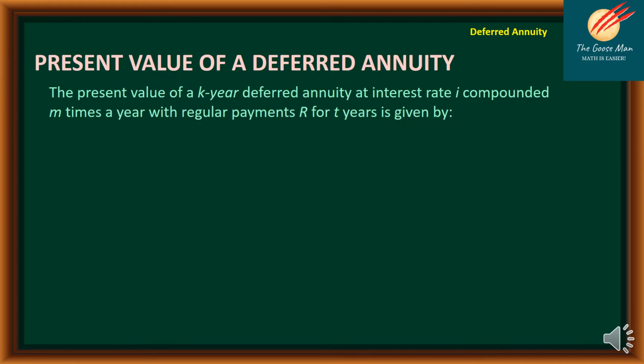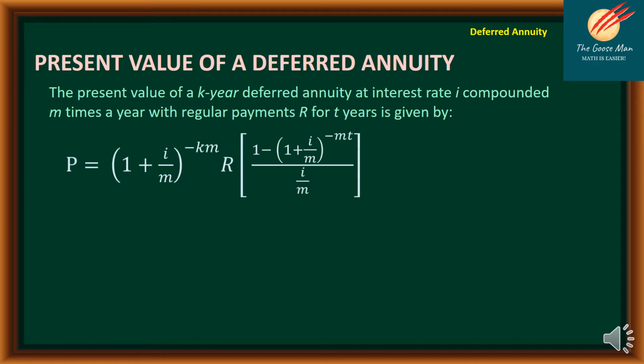For the formula that we will use, we have the present value of the deferred annuity. It means the present value of a deferred annuity at an interest rate I, compounded M times a year, with regular payments of R for T years is given by this expression.